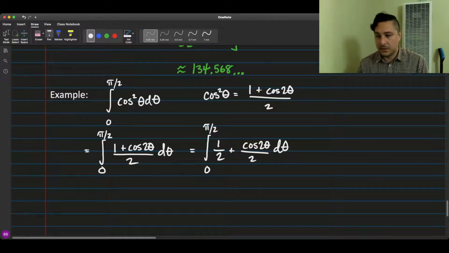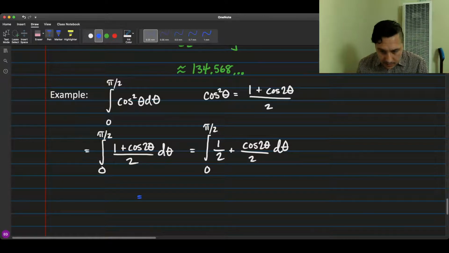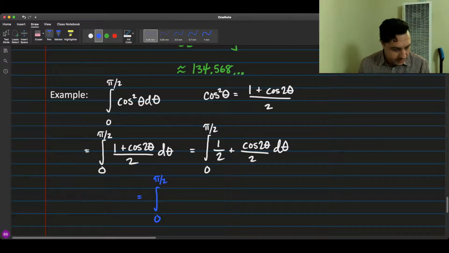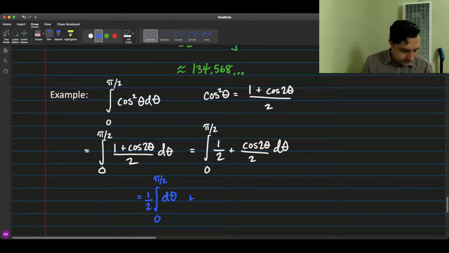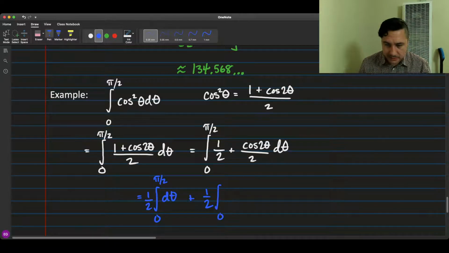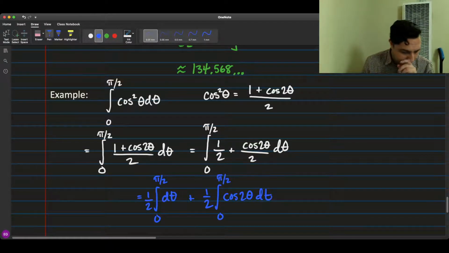We'll split this into 2 integrals. I can get an integral from 0 to pi over 2 of 1/2. So I'll factor out the 1/2, and here's my d theta, plus 1/2 integral from 0 to pi over 2 cosine 2 theta d theta.